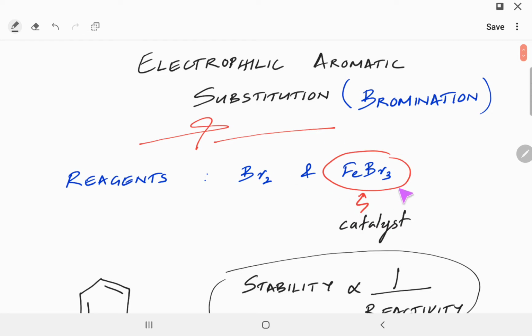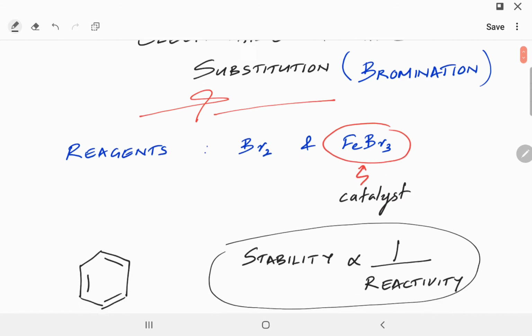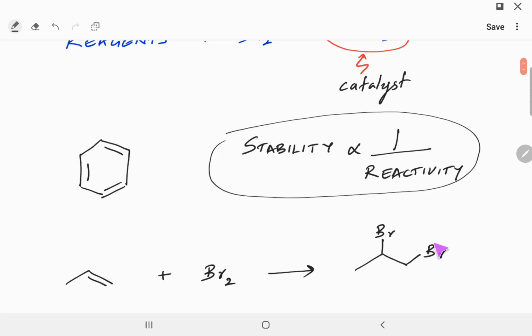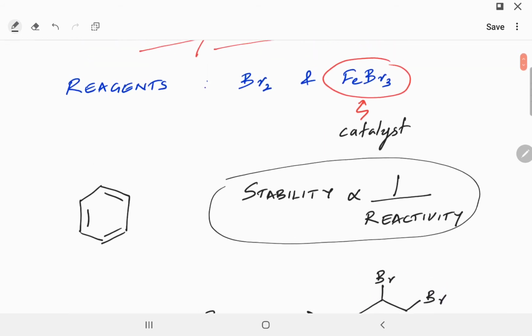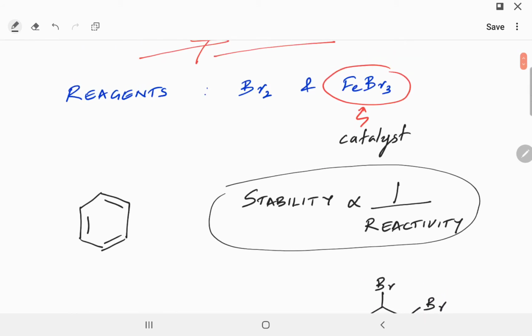In fact, we have to use a catalyst in order to reduce the activation energy. Not only that, benzene will still not show you an addition reaction. Instead, it will show a substitution reaction. One of the hydrogens of a carbon will be substituted by a bromine. This is the reaction that we are going to discuss in this video.